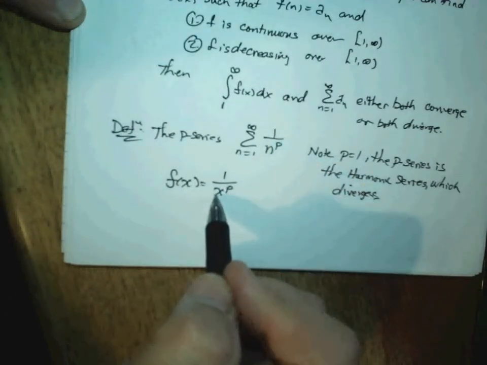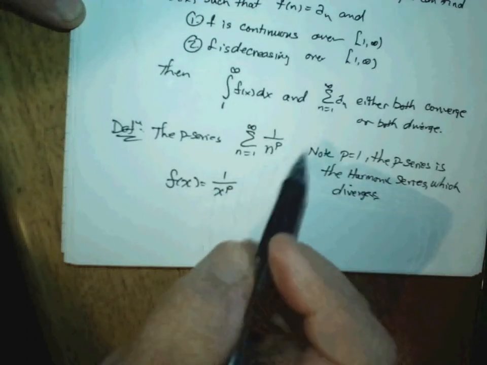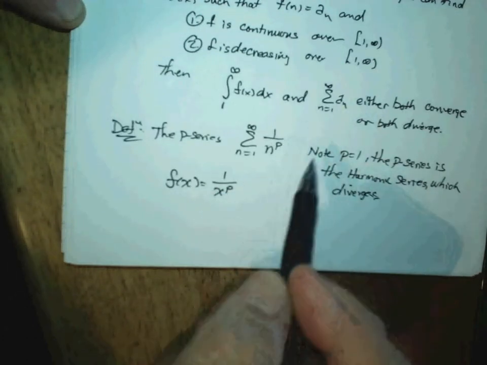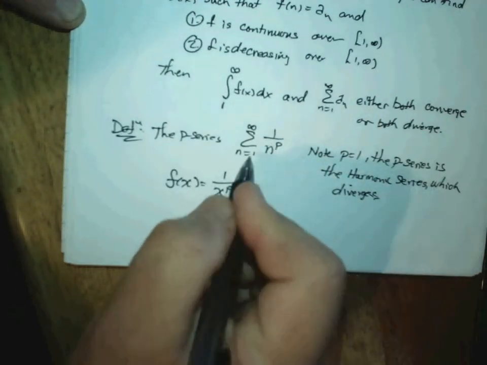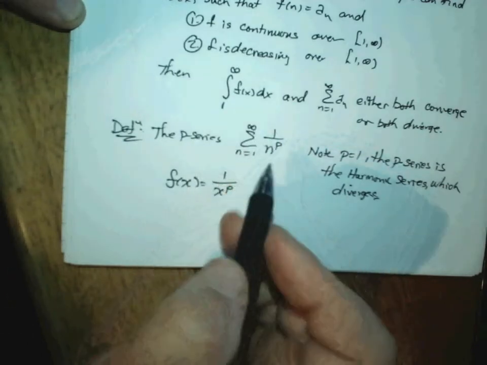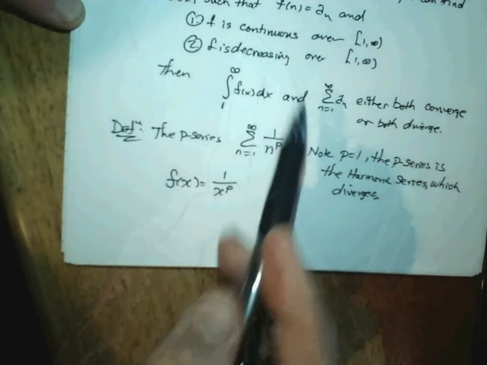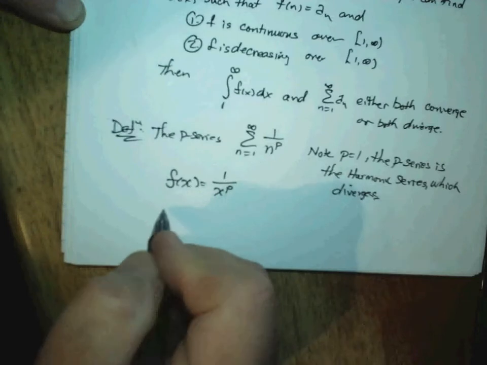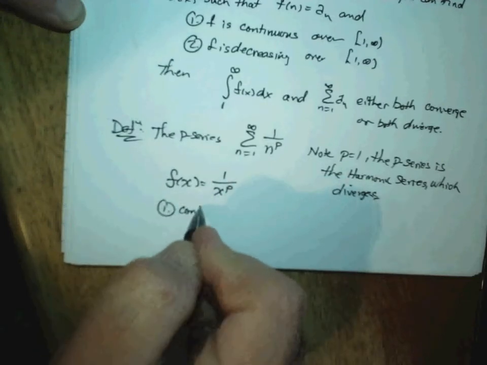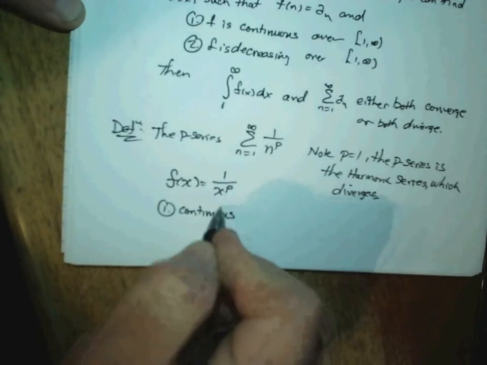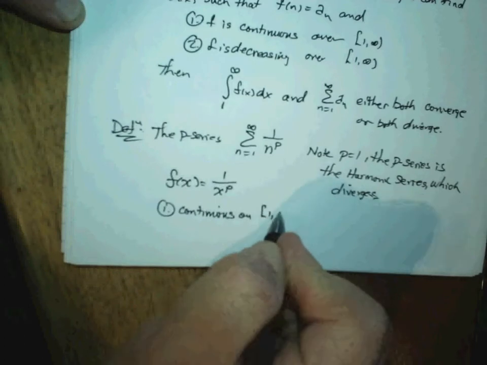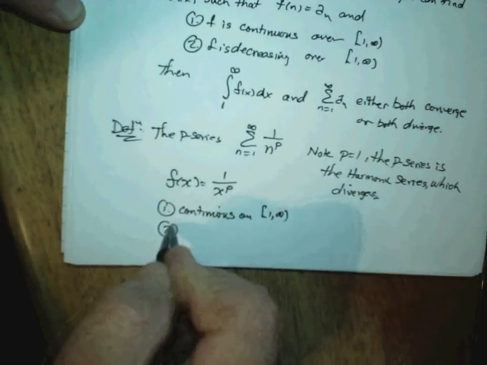Okay. And what do I need to know about this? Well, of course, I needed to know that this was positive, and it is over the interval from 1 to infinity. That's positive. Therefore, I look and say, is this function continuous? Yes, it's continuous on the interval from 1 to infinity. Is it decreasing?